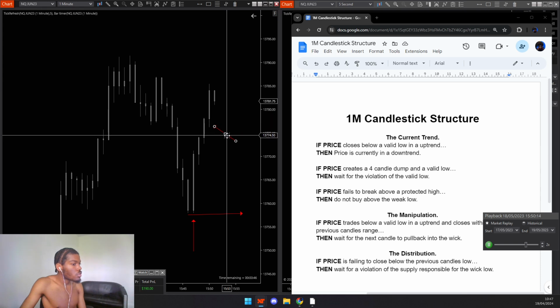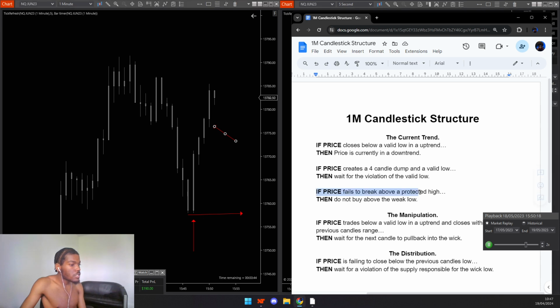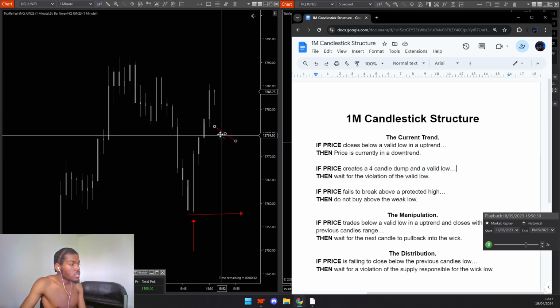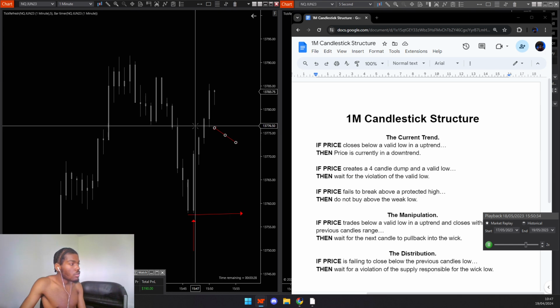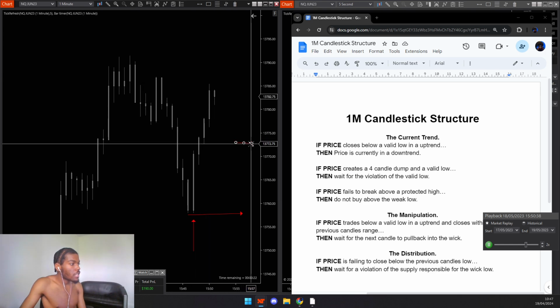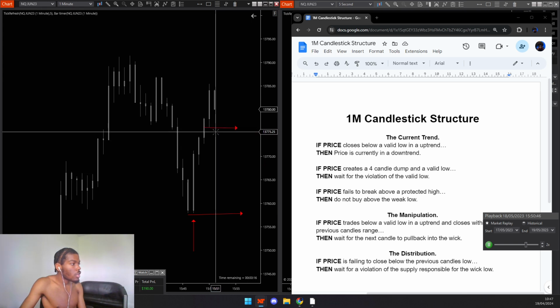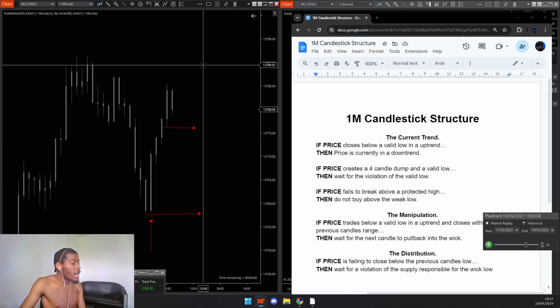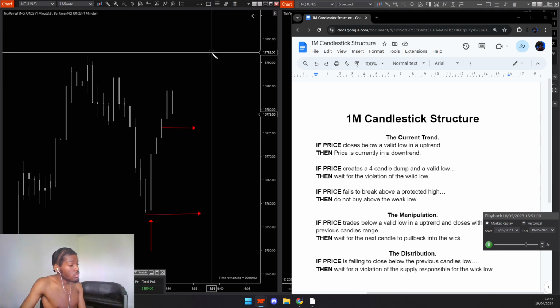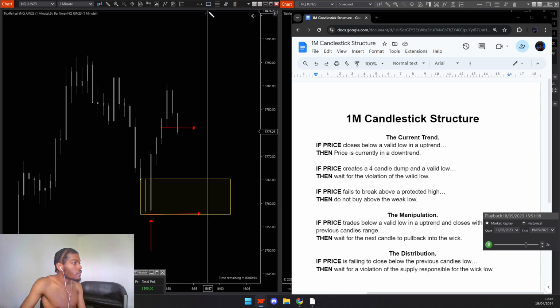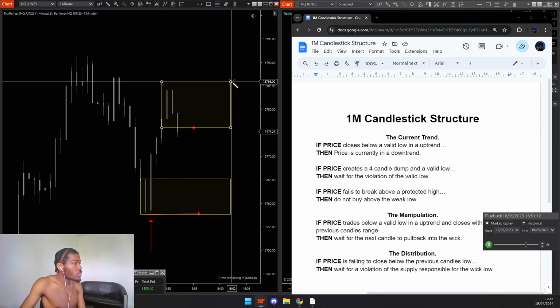Now, to anticipate the violation of the valid low, in this case the valid high, I would need to see a valid high form, and that valid high is a body closure below the valid low. And this is a bit extra, but that would create the bottom of the range and the top of the range.